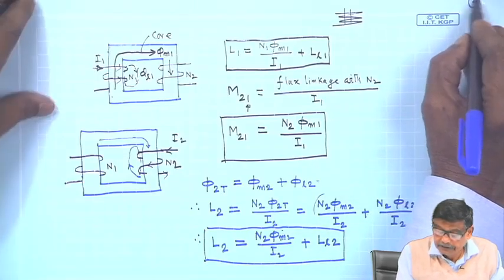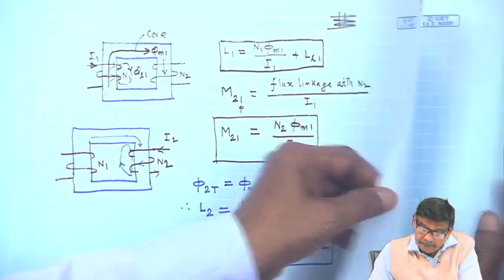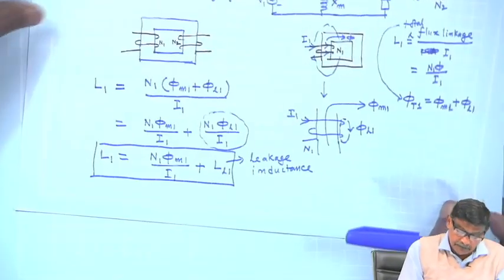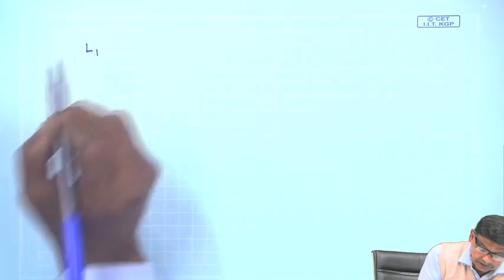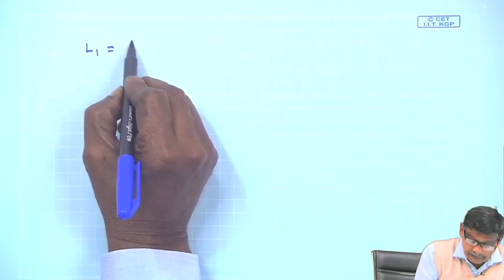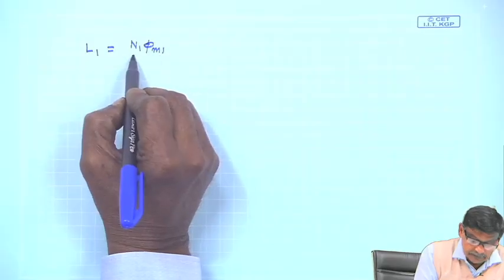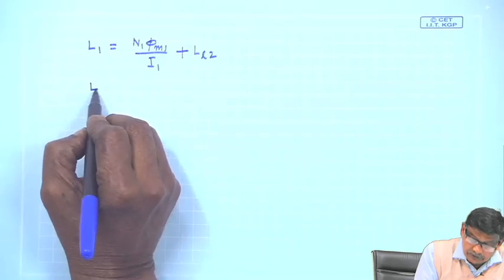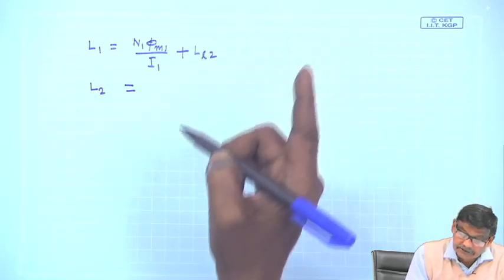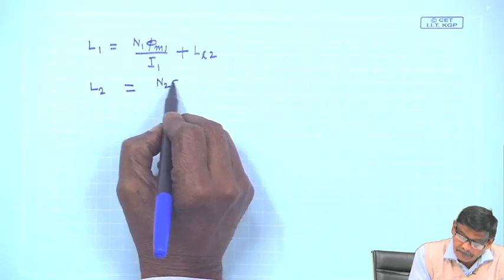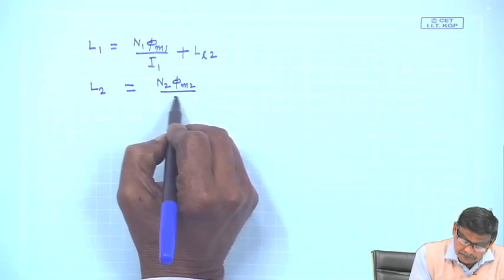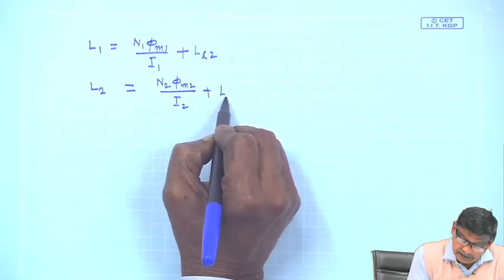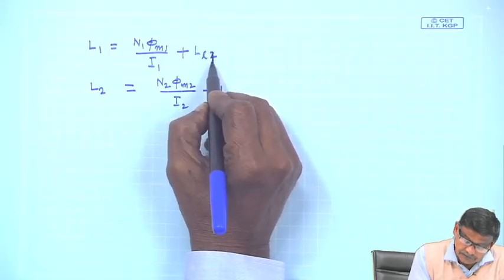So, let us go to the third page. Recall the results I have got till now: L 1 is equal to N 1 phi m 1 by I 1 plus L L 1, and L 2, the self inductance of the second coil, is N 2 phi m 2 by I 2 plus L L 2. Here L L 1 is leakage inductance 1.